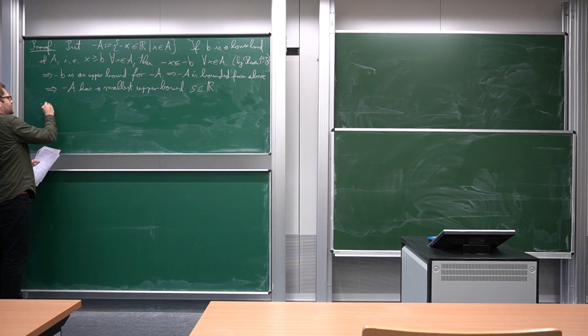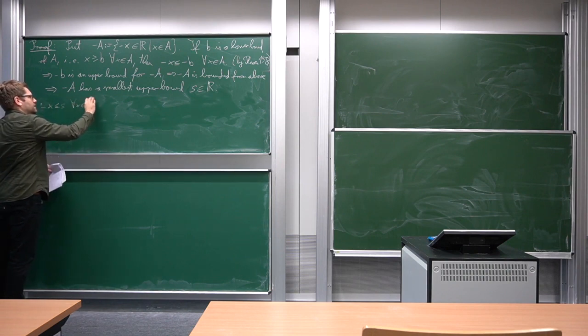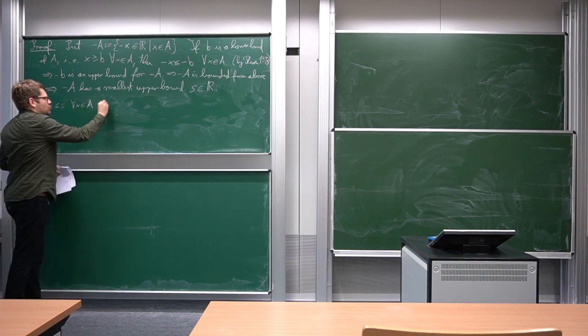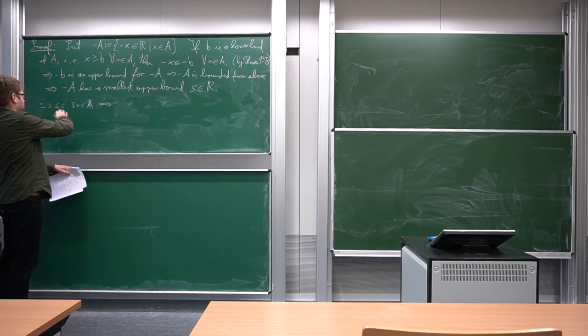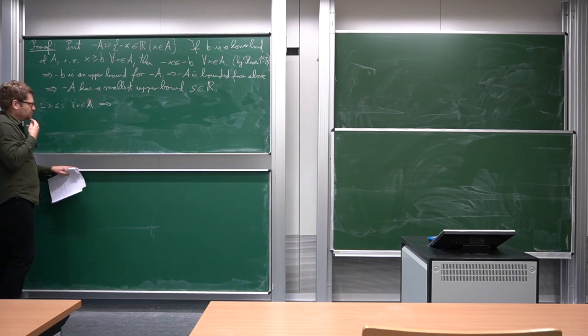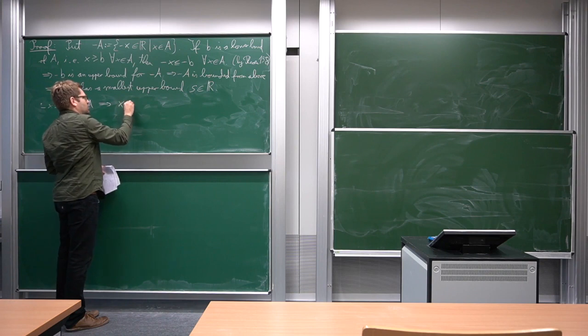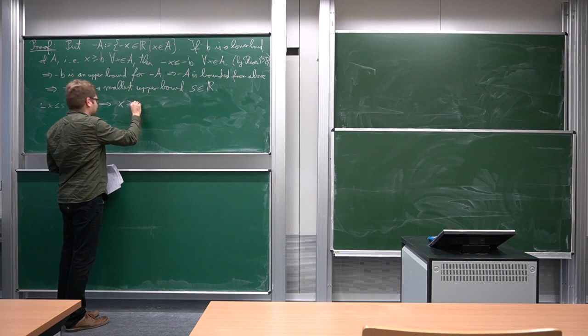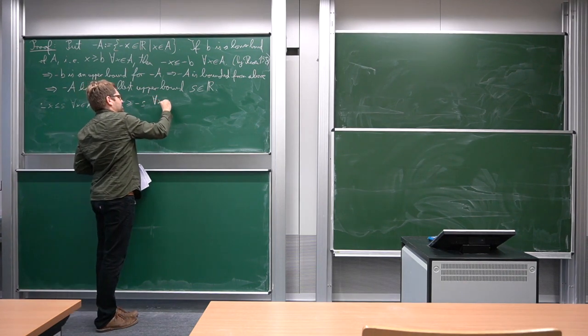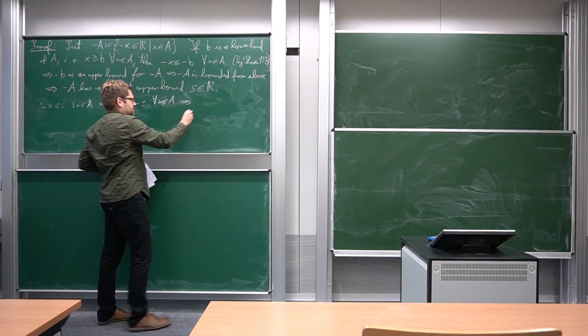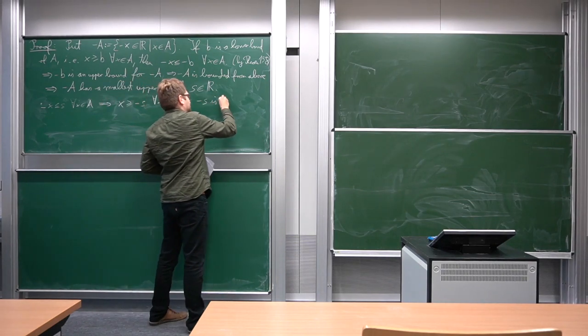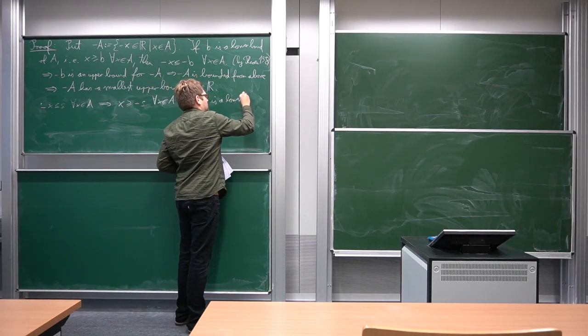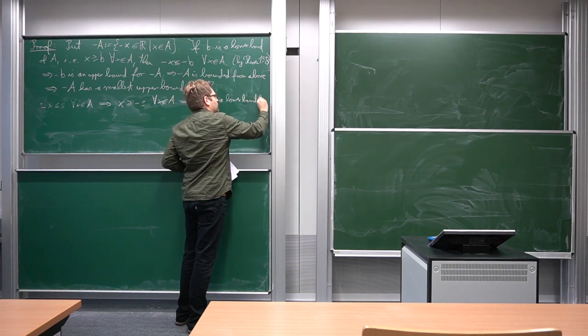So minus x is smaller than or equal to s for all x in A. Which in turn implies, by using this method of sign flipping again, that x is bigger than or equal to minus s for all x in A. And this means that minus s is a lower bound for A.